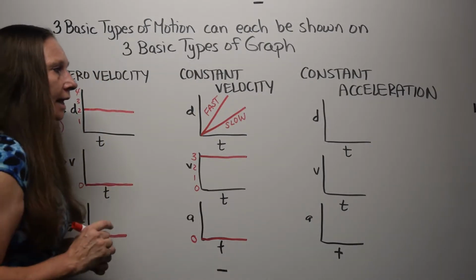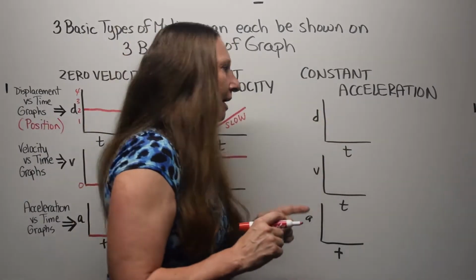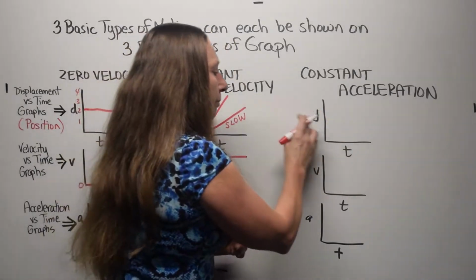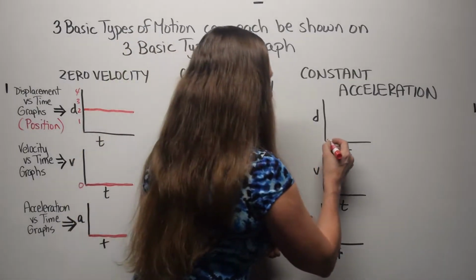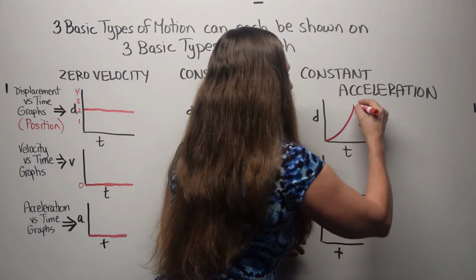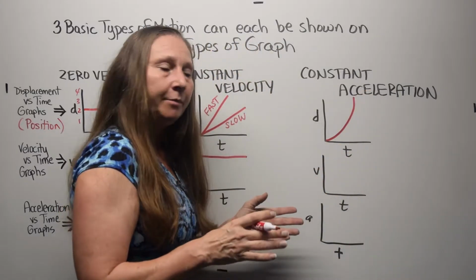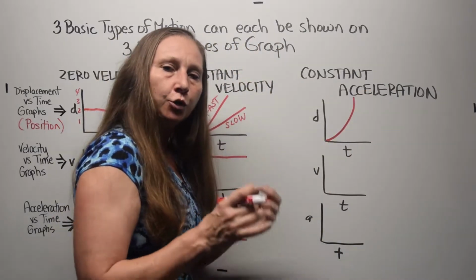All right? Now, constant acceleration. On a displacement time graph, since you're going faster and faster, constant acceleration on a displacement time graph will be an exponential curve.